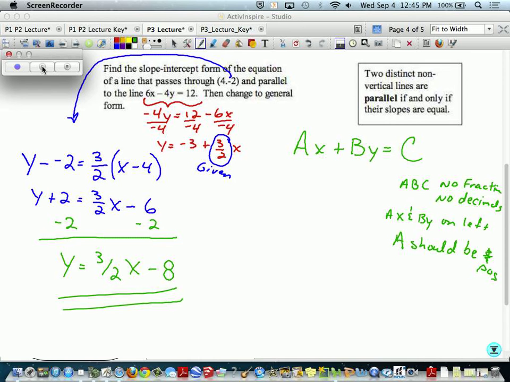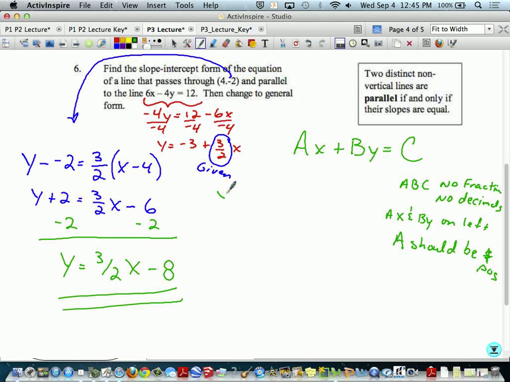I'm going to bring this equation over here. It is y equals 3/2 x minus 8. Do I have all quote-unquote nice numbers? No. How can I make them all nice? Multiply them by a factor of something. We can multiply everything by 2.